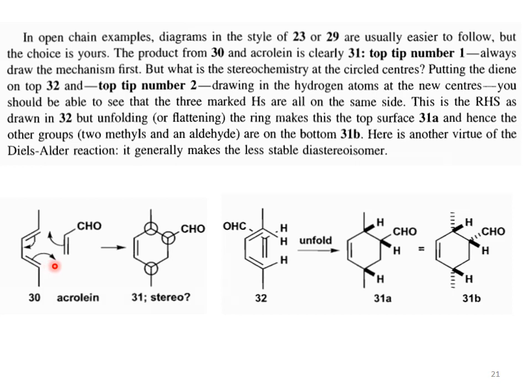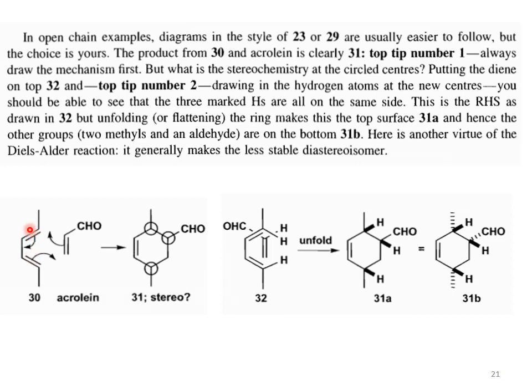See this one, the structure 32. The diene is placed parallel to the dienophile. See this hydrogen and this hydrogen. These two hydrogens are on the same side of the double bond. It means these two hydrogens are cis in the diene.